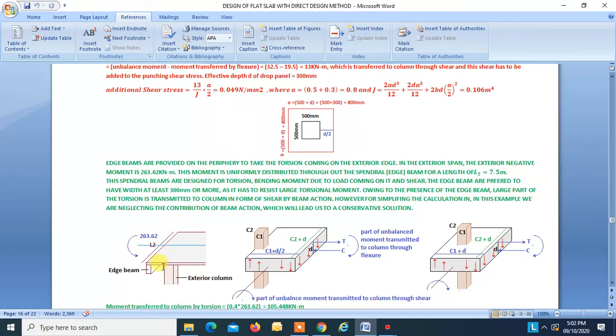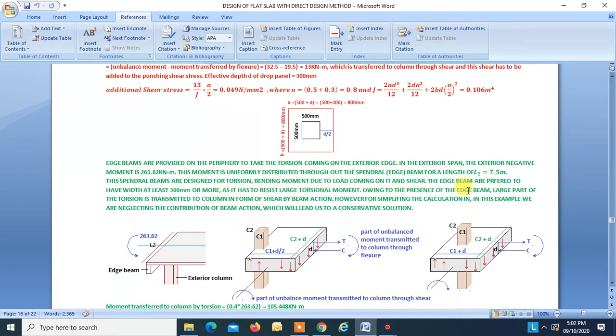So this is distributed over this length, right? This spandrel beam is designed for torsion, bending moment due to load coming on it, and shear. These edge beams are preferred to have a width of at least 300 mm or more, as they have to resist large torsion moments.